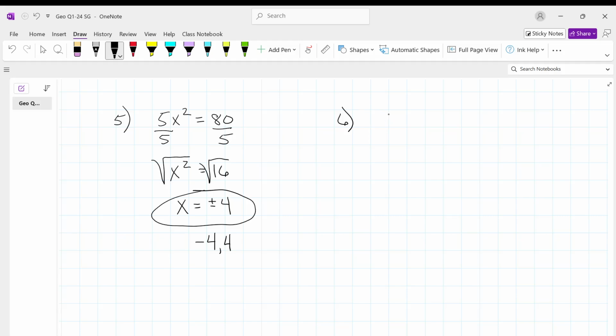Number 6 is 18x squared is equal to 8. Divide both sides by 18. X squared is equal to 8 over 18. They're both even, so simplify that. All right, 2 goes into 8 4 times, and 2 goes into 18 9 times.